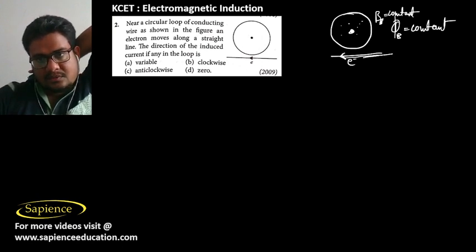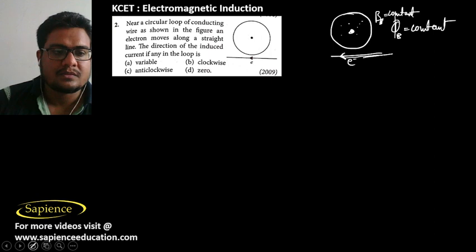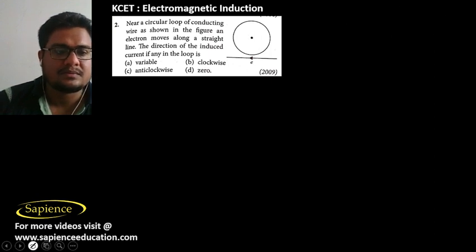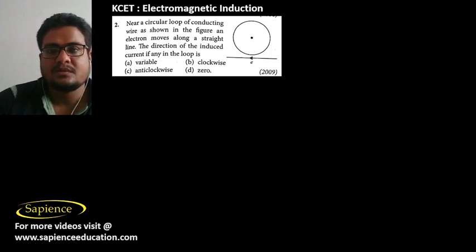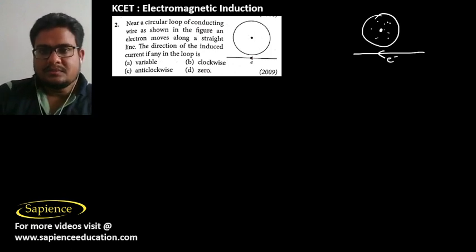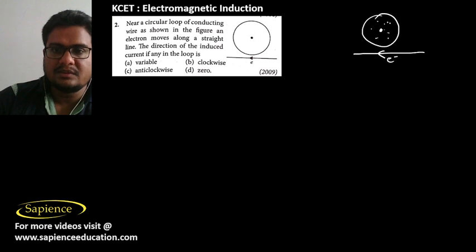When the electron moves from right to left, the magnetic field inside this coil will first increase, and then when the electron moves away from this loop, the field in the loop will decrease.